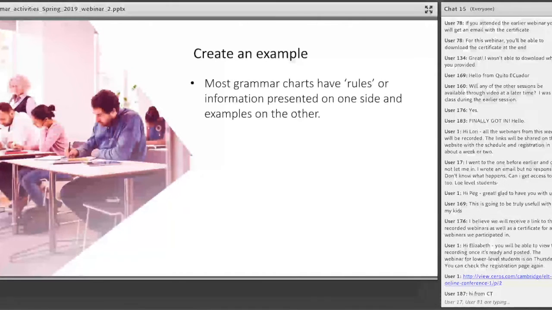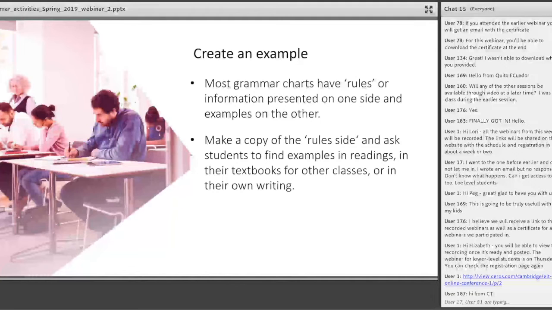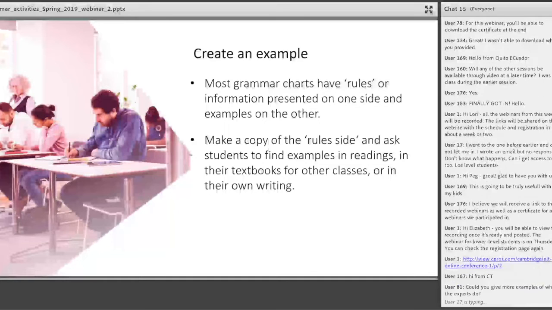In this case, I think it's very nice to have the students have the rules side, because most grammar charts are going to have rules on one side, like we saw, and the examples on the other side. So I would make a copy of the rules side, or if you have a projector, you could just project it onto the front of the classroom so that all the students can see it.